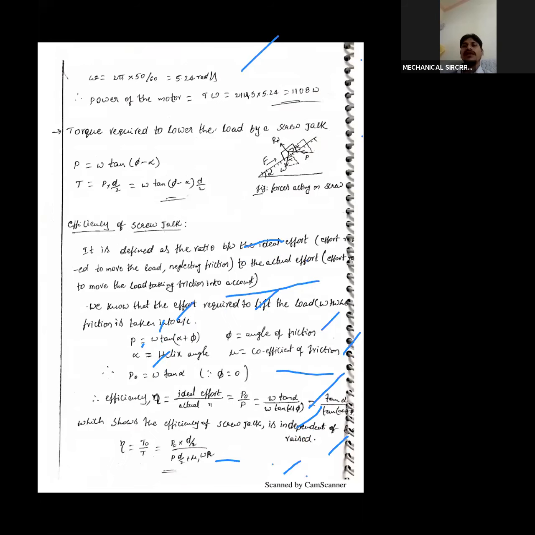When we have the omega value and torque value, we can find the power of the motor. Power of the motor equals T omega. T is 211.45 into omega 5.24, so the value is 1108 watts. Power of the motor is 1108 watts.